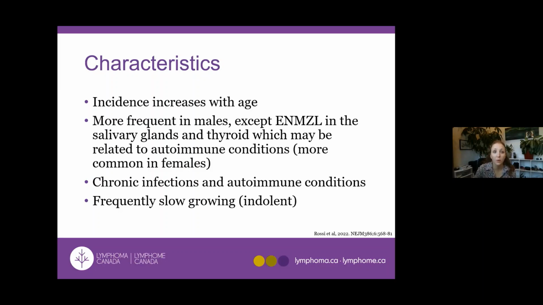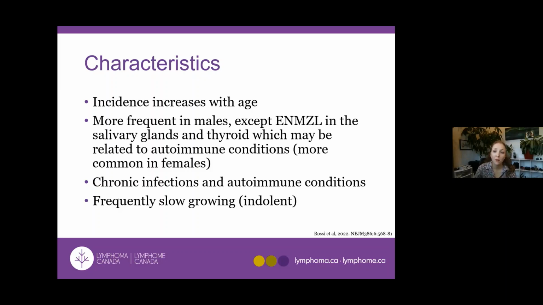We know this is related to chronic infections and autoimmune conditions, because they constantly stimulate the white blood cells, which can lead to overgrowth over time, and then the cells start to grow on their own, and that's where the lymphoma develops.